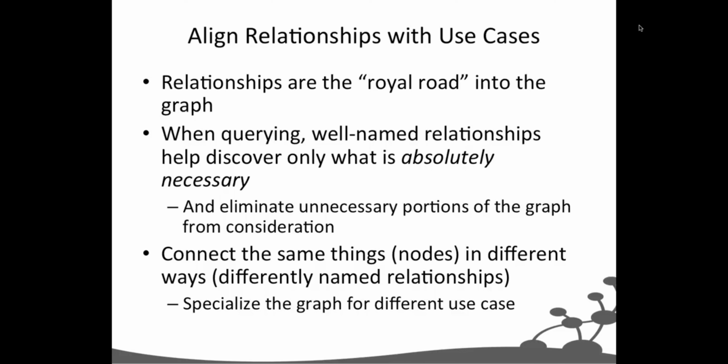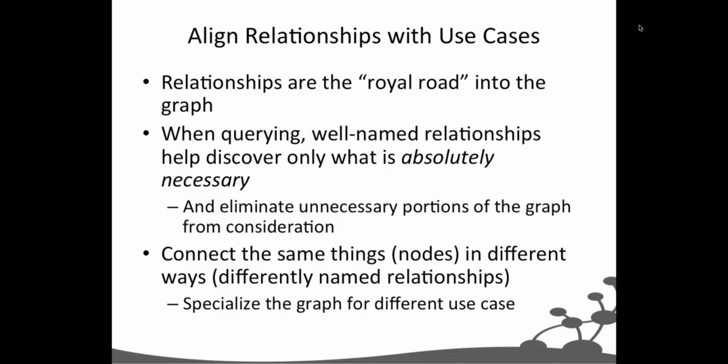So don't be afraid to use relationships. Introduce lots of relationships. The key thing here is align the relationships that you create with your use cases. As we talked about earlier, using the natural language in your domain, the way in which you talk about your domain, will help surface those relationship names. Use those relationship names in your model.